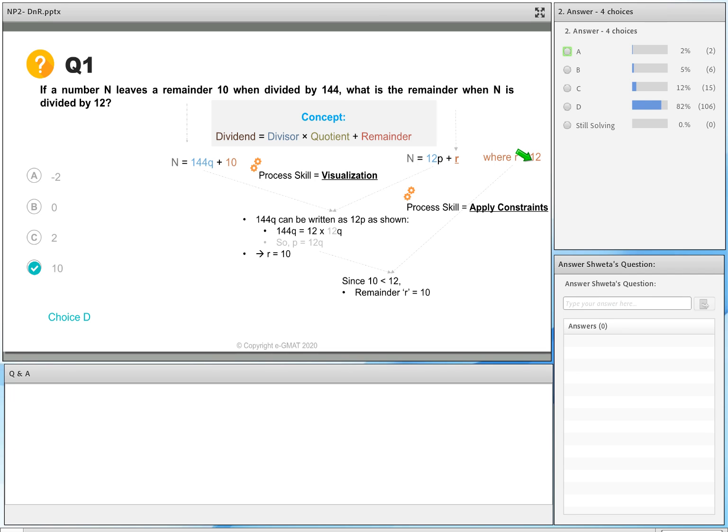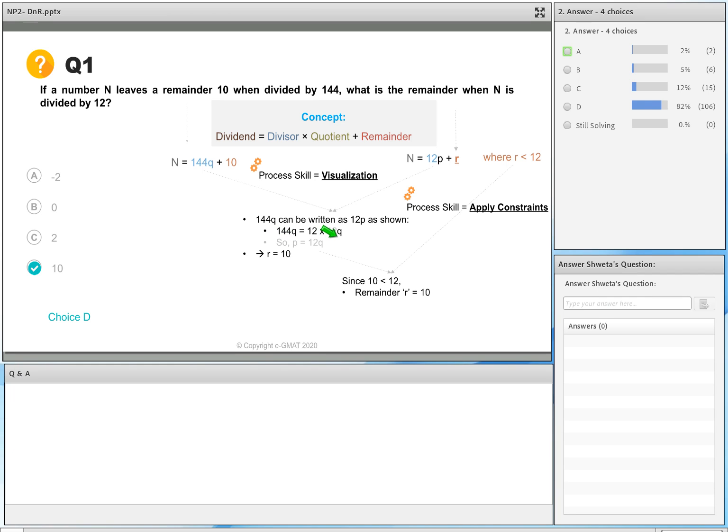All right, let's resume. So how am I going to go from this step, 144, to this one that I want here? Look, the divisor here is 144, but the divisor that I want is 12. Look closely. If you see 144 is 12 times 12, right? So I can express 144q as 12 times 12q.